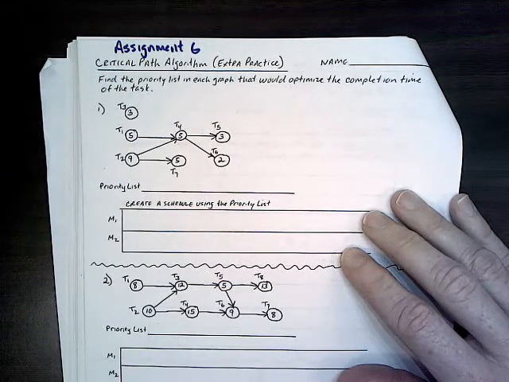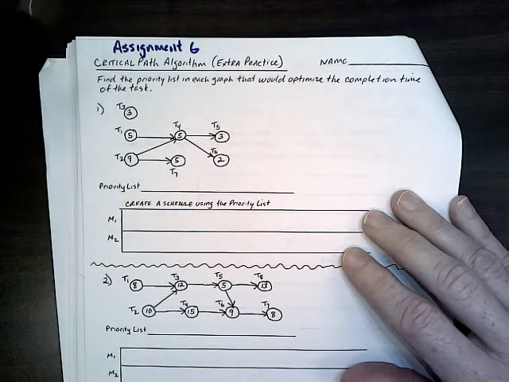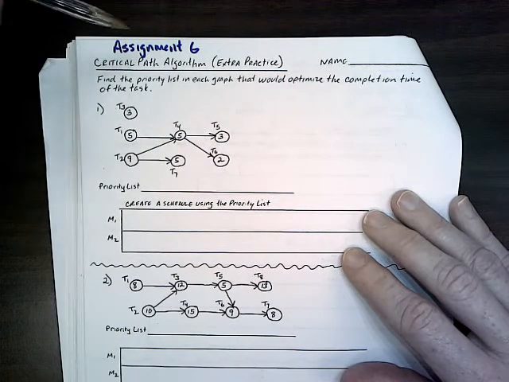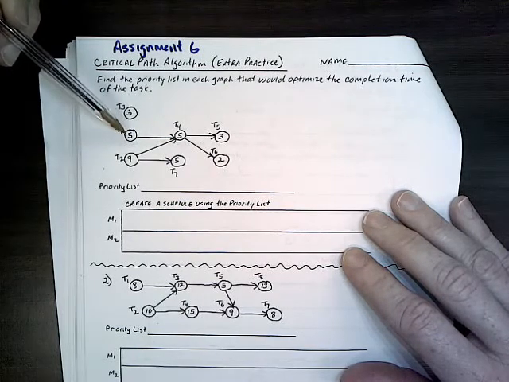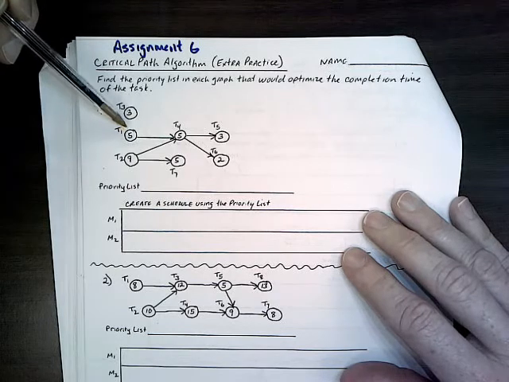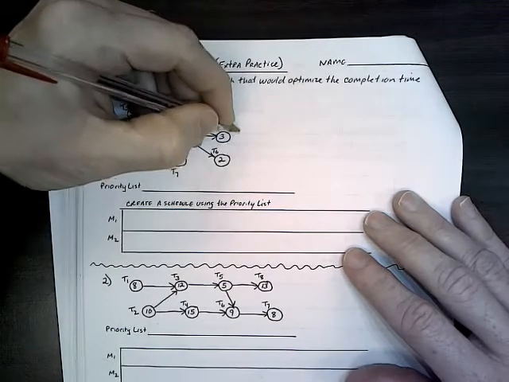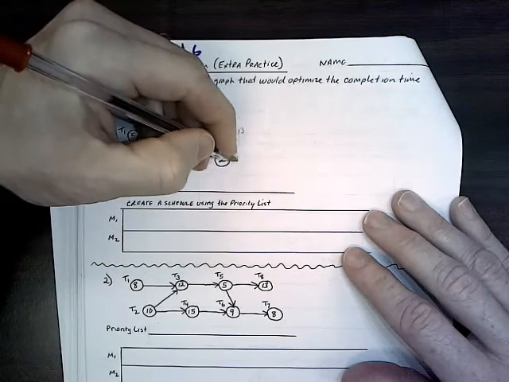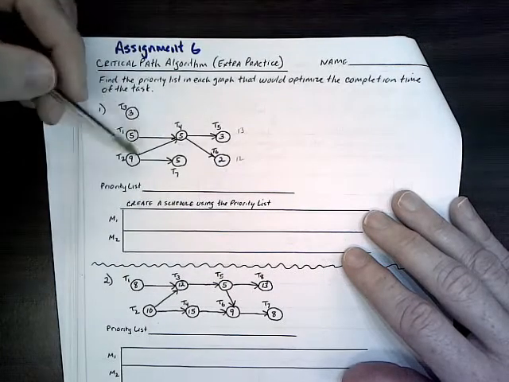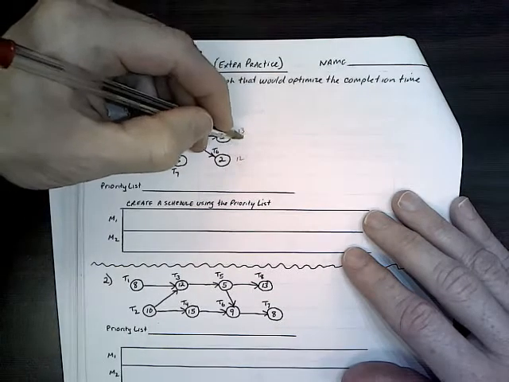All right, so what we have to do is come up with a priority list, and this is what we went over at the end of last week. We look to see what our critical paths are. Right now we have 5 plus 5 plus 3, that would be 13. We have 5 plus 5 plus 2, that would be 12. We have 9 plus 5 plus 3, which is 17.